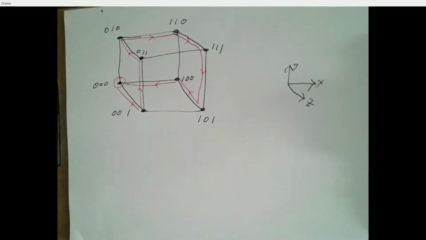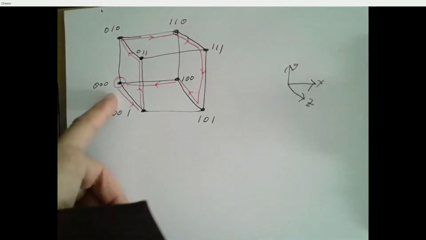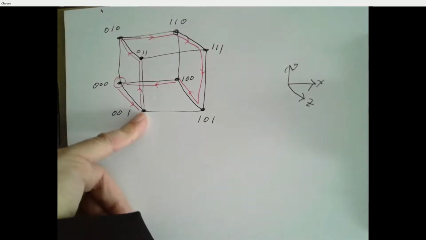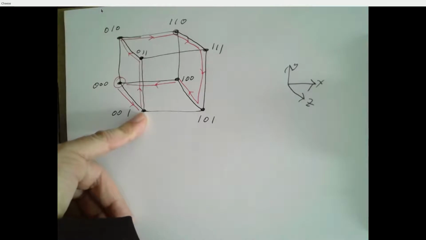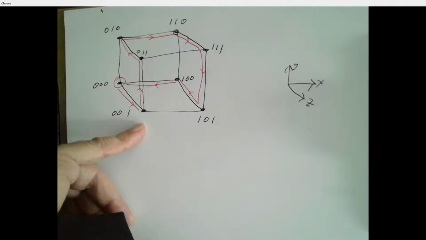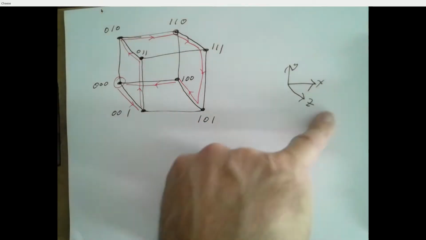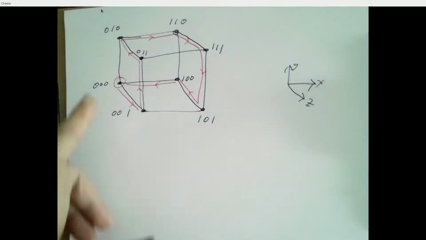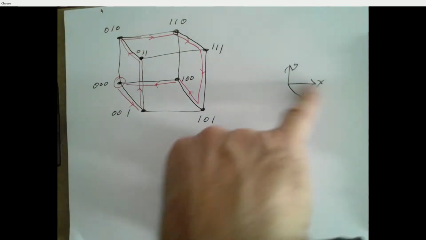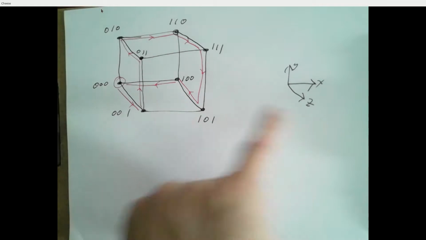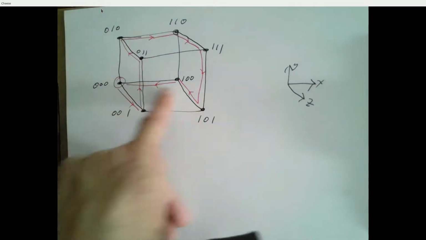Okay, here's what's interesting about this. The way that this graph is drawn out, if we think of this as three-dimensional, and these are x, y, z coordinates, when we move from one vertex to an adjacent vertex, how many of the bits can possibly change? Exactly one, right? Because we're really moving through a coordinate system, and when we move along an edge, we're changing exactly one of our coordinates. So from here to here, the x-coordinate changes from 1 to 0.